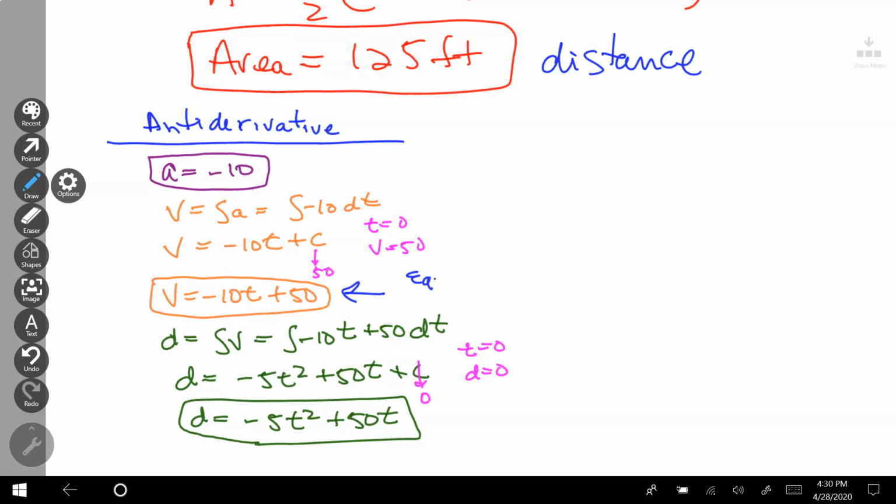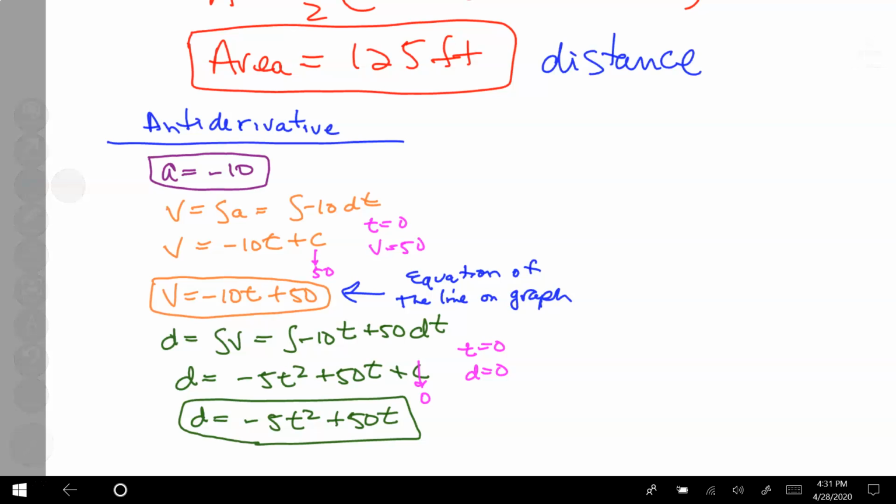This is the equation of the line on the graph above. That's exactly the same. And then when I want to find its displacement or distance, I did d equals the antiderivative of my velocity, and at the initial time my distance is 0, so I get d equals negative 5t squared plus 50t.